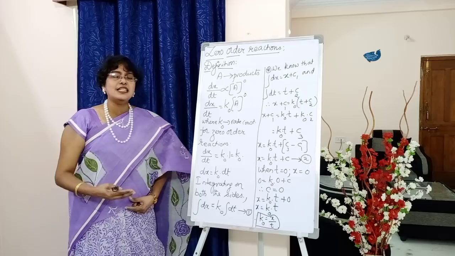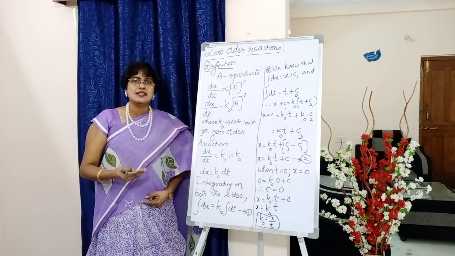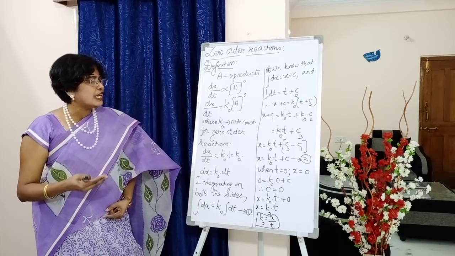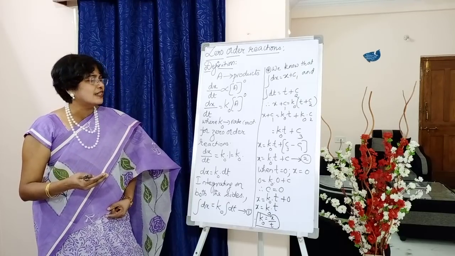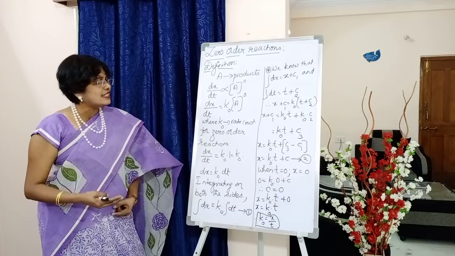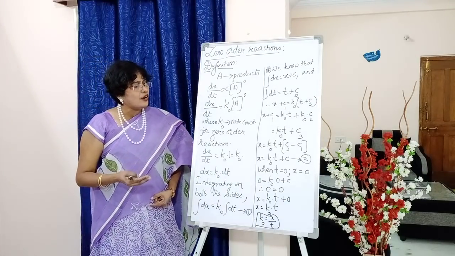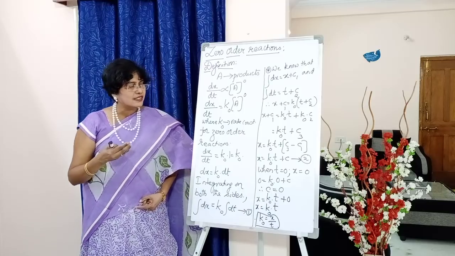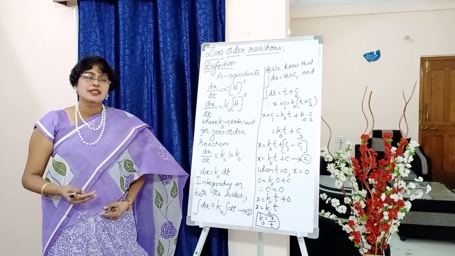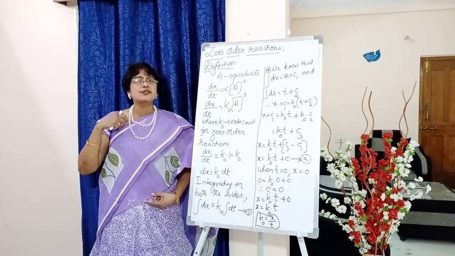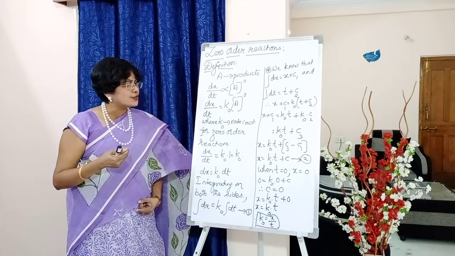Again c3 is a constant, c1 is a constant. So, c3 minus c1, we will take as a new constant. Therefore, the expression in the next step is x is equal to k naught into t plus c. Mark it as equation 2, students.